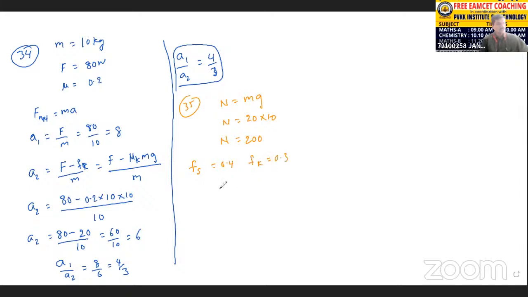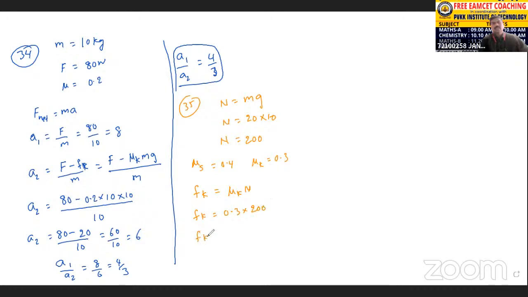Now find the kinetic frictional force. Fk is equal to mu k into N. The value of mu k is 0.3, into N, and N represents 200.